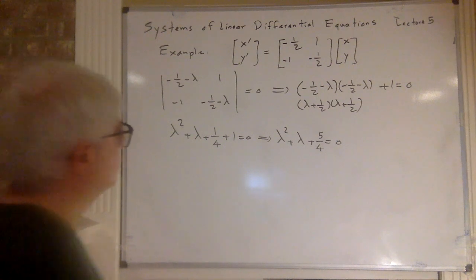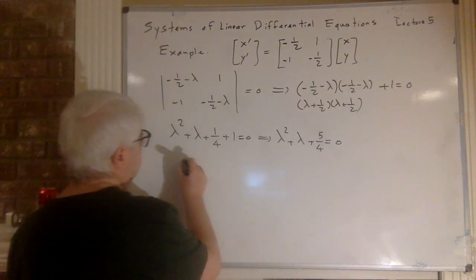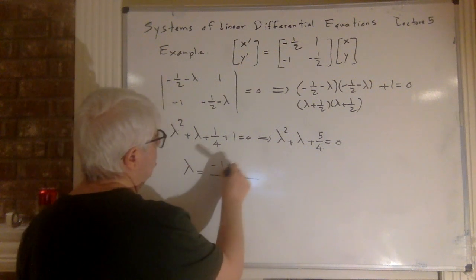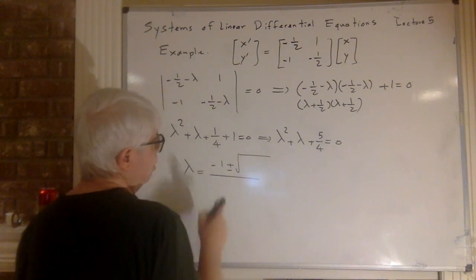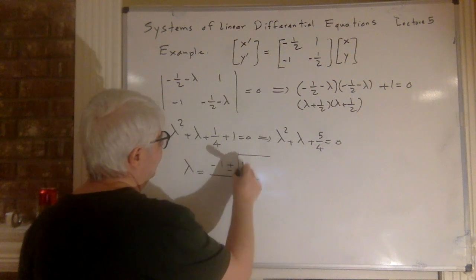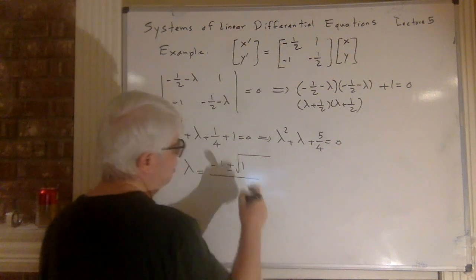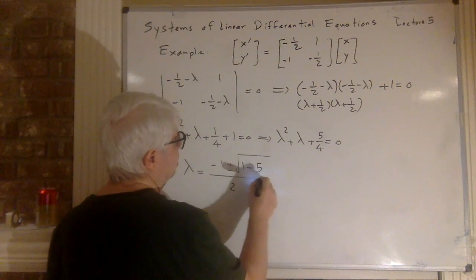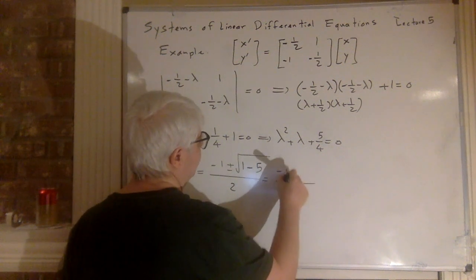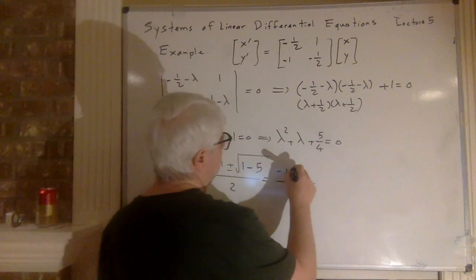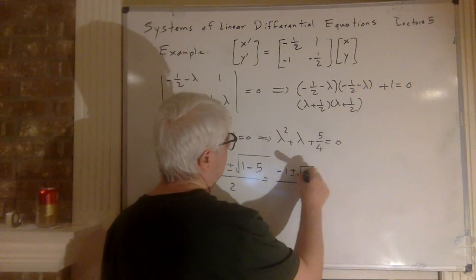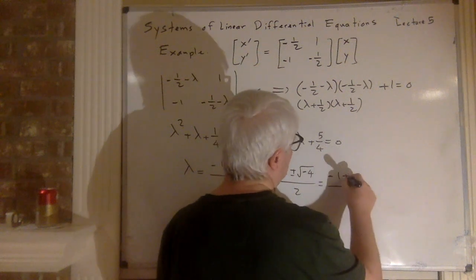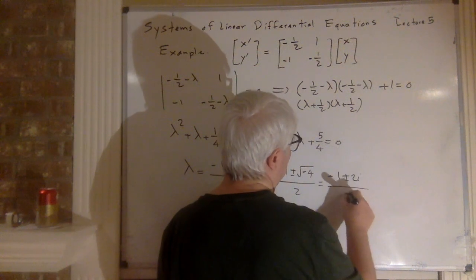So lambda will be minus 1 plus minus square root of 1 minus 5 over 2. So that is minus 1 plus minus 4 over 2. So that is minus 1 plus minus 2i over 2.